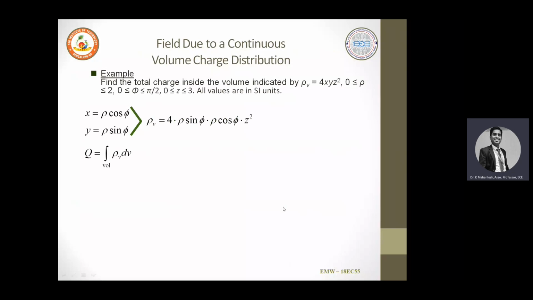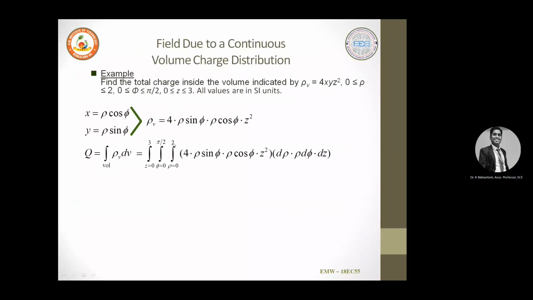So I am going to substitute the values of x, y, and z square. From the previous derivation, the total charge Q is equal to the volume integral of the volume charge density with respect to the volume. This volume is represented as a triple integral with limits varying from z equals 0 to 3, phi equals 0 to pi by 2, and rho equals 0 to 2.